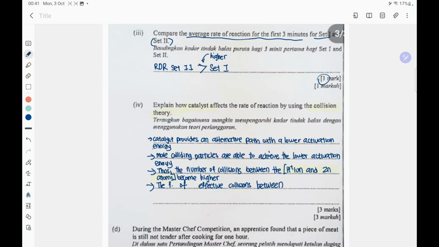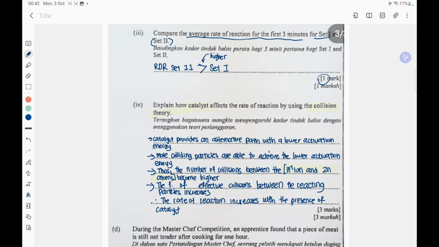If you want to rewrite it, you can, but for now I'm going to be using the frequency of effective collisions between the reacting particles increases, therefore the rate of reaction increases with the presence of catalyst.